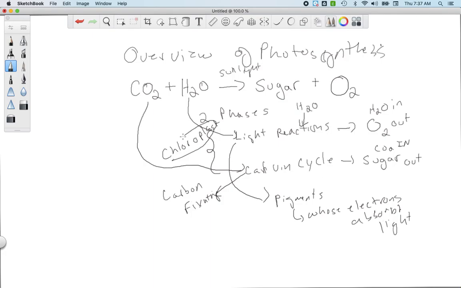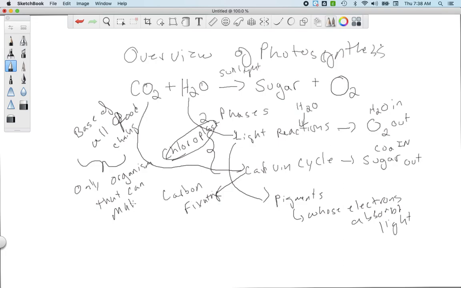This all happens in the chloroplasts, and this is a reason that all food chains, and we'll talk about the difference between chains and webs coming up in a future chapter, but the basis of all food chains and webs are plants or producers or autotrophs, depending on what word you want to use to describe them, because these are the only organisms that can make sugar.